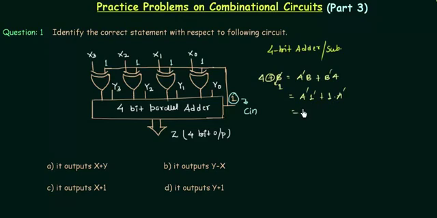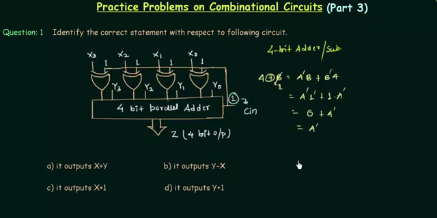Now the complement of 1 is 0, and if I take AND operation with 0, I am having 0, and the complement of A is A complement, and ANDing it with 1 gives me A complement. So finally I am having A complement. So you can say that it is acting as a NOT gate. Whenever you are having one of the input to the XOR gate as 1, it acts as the NOT gate.